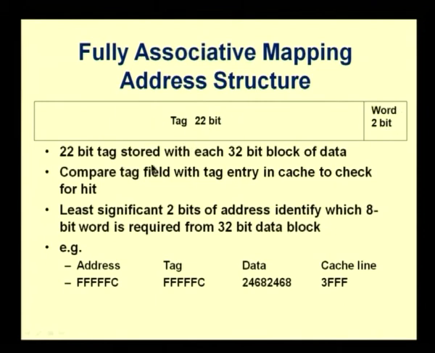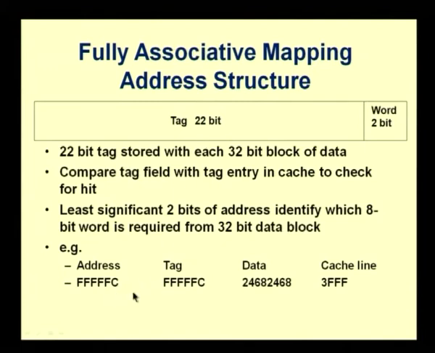Remember what happens in every access: you will be comparing this tag field with the tag entry in the cache to check for a hit. Then we use the least significant 2 bits to identify which particular 8-bit word in that block is being accessed. So, for example, if the address is FFFFFFC, the tag that you would have would be the 22 bits over here.